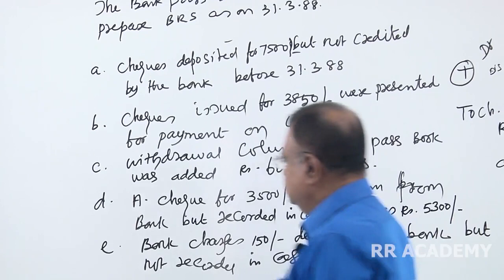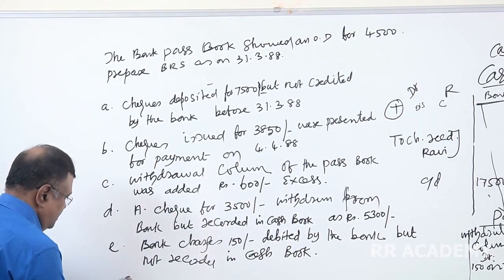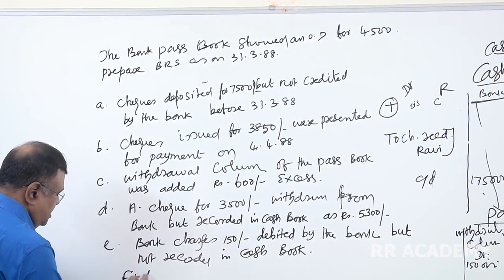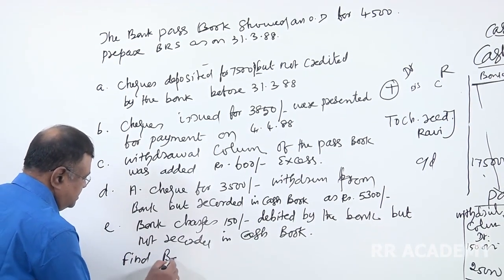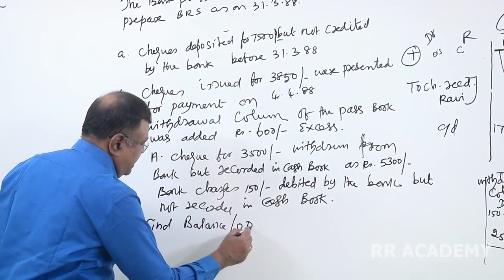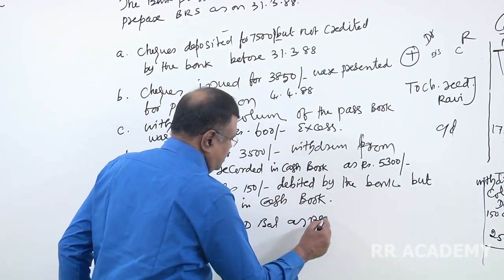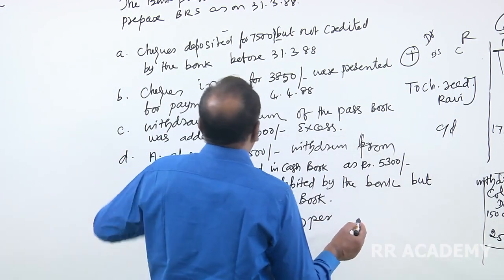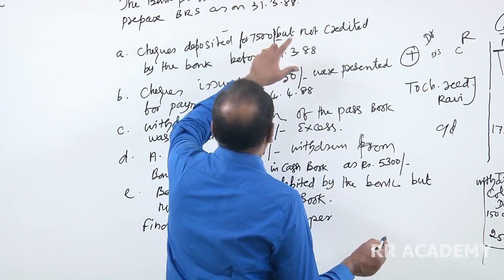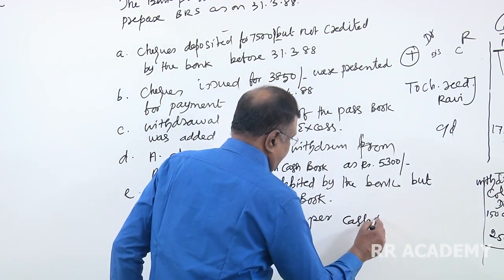So prepare BRS. Now find out the OD balance as per the passbook that is given. Therefore, as per cash book, we have to find out.